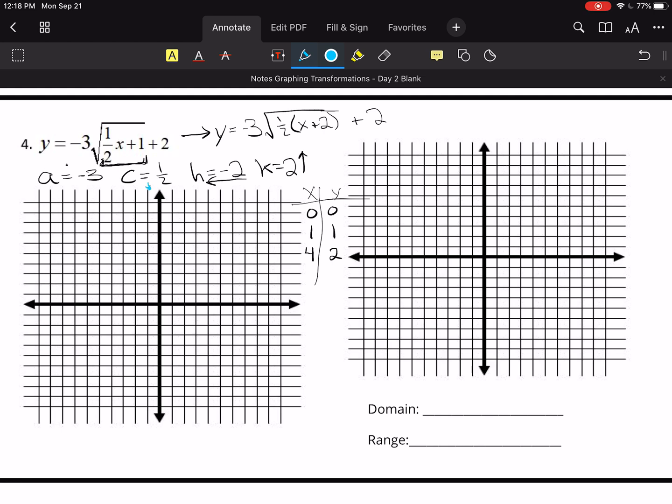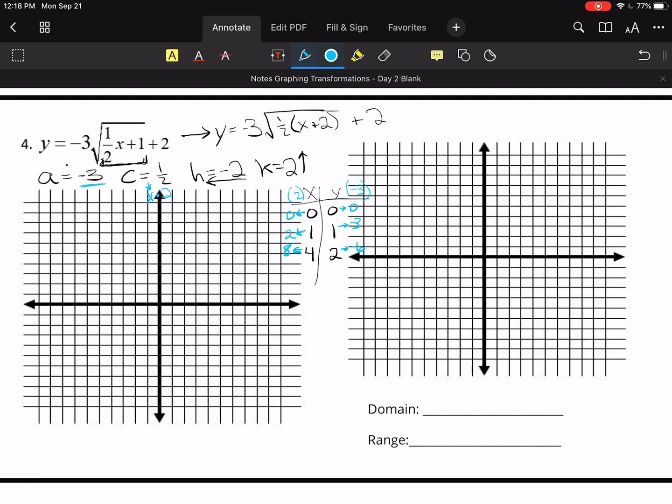Because c is 1/2. So that means I'm going to have x times 2. And I'm going to multiply my y's by -3. So I would get 0, 2, and 8. And then my y's would become 0, -3, and -6.